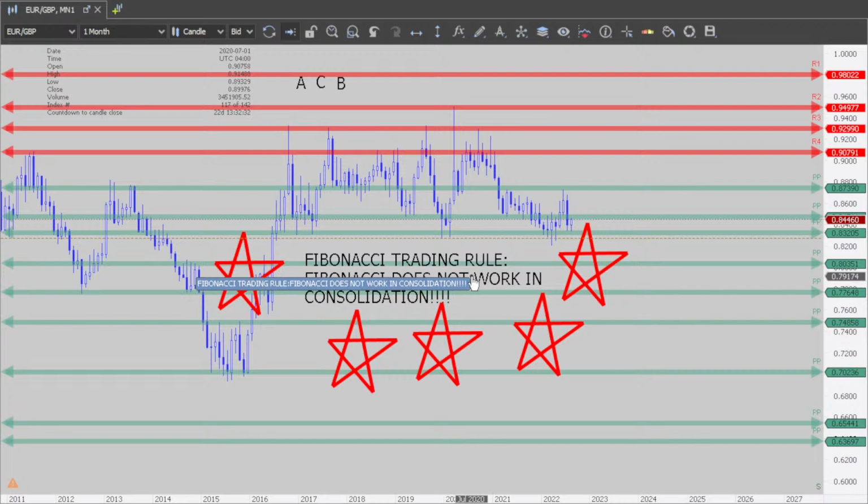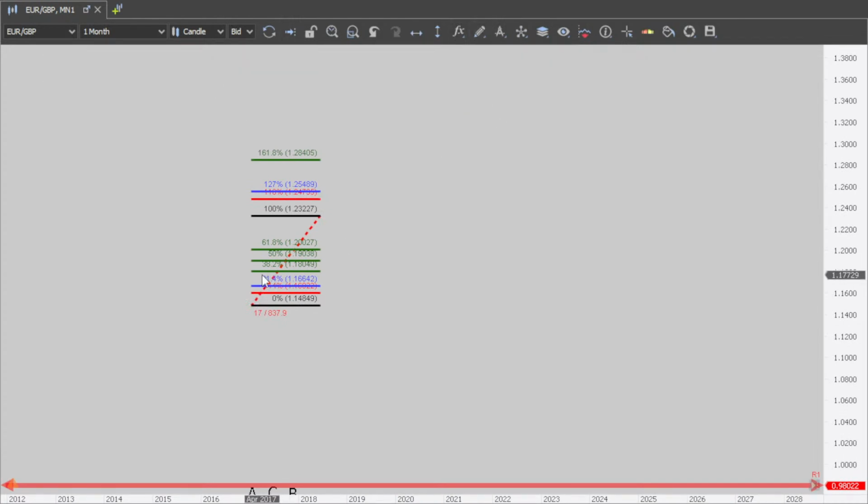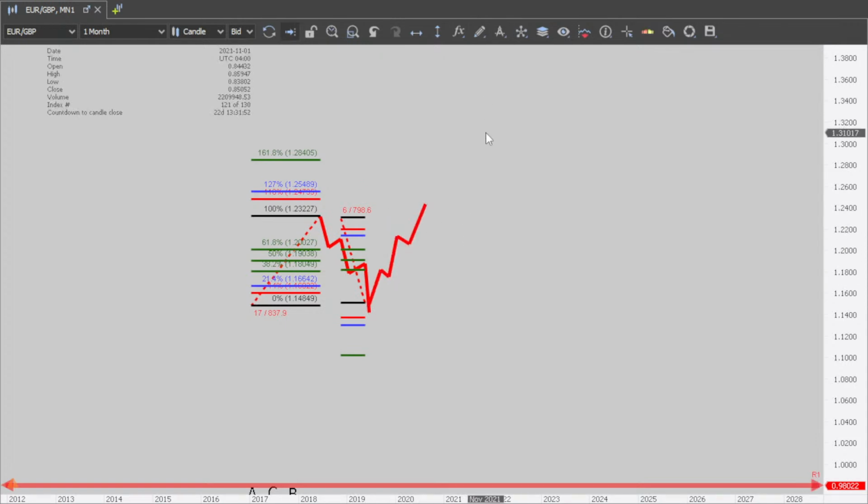Some of you are losing on consolidation, and you are asking how to spot consolidation where there is no right or wrong, really. But if you have an up Fibonacci, it doesn't really matter on what time frame, and the market is going down and down and down, and you draw the Fibonacci in another direction, and the market is going to go up and up and up, and is going to stop you out again.